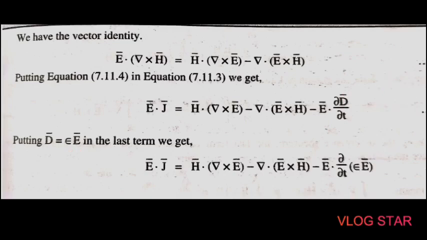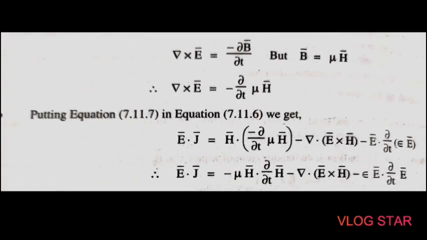Then after that, according to the Maxwell equation, we have del cross E bar is equal to minus dou B bar upon dou T.